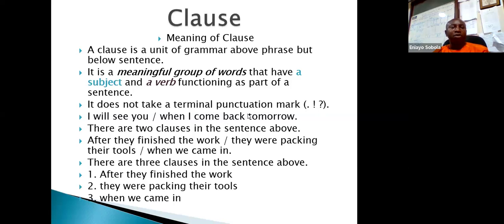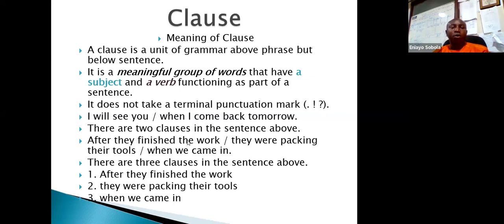If we break it into clauses, I will see you will stand on its own without the terminal punctuation mark. When I come back tomorrow, we stand on its own without terminal punctuation mark. You'll see that this sentence contains two clauses. And we may have a sentence that contains more than that.